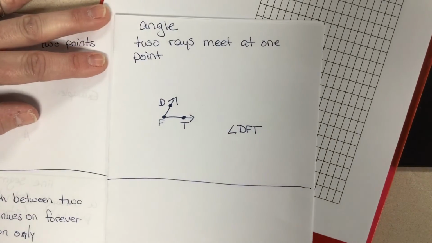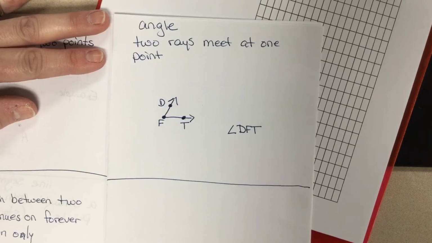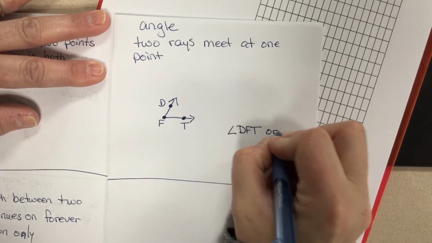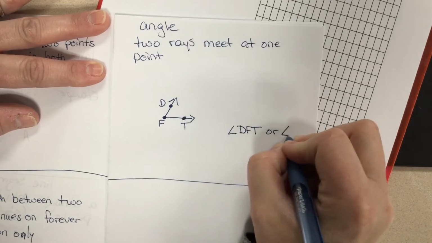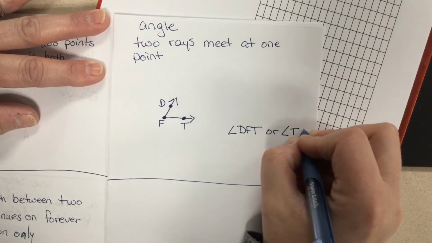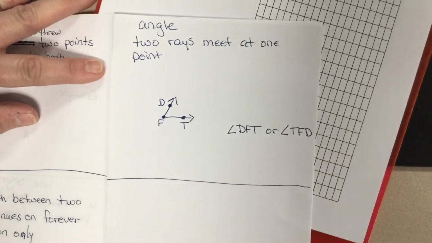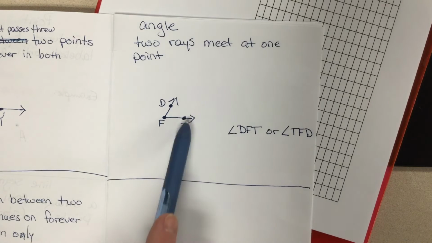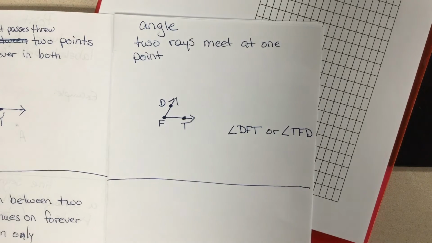Now I can reverse my letters, but I have to keep F in the middle because that's where they meet. Or angle TFD. When I see those three letters, I have to search and find it, and I look and see that's the angle I'm talking about.